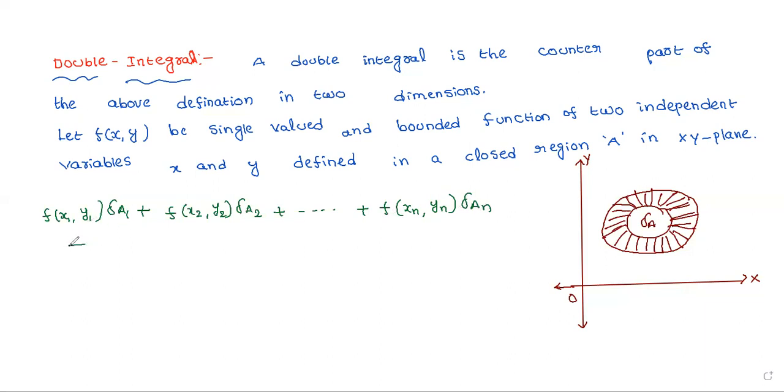This is written as the summation r equals 1 to n of f of xr comma yr delta ar, equation 2.